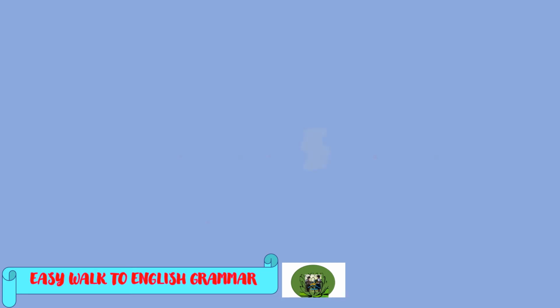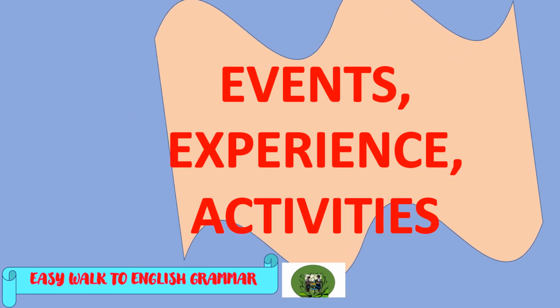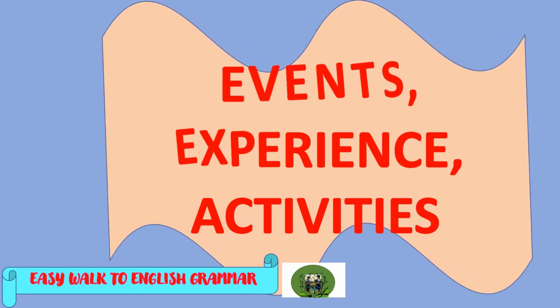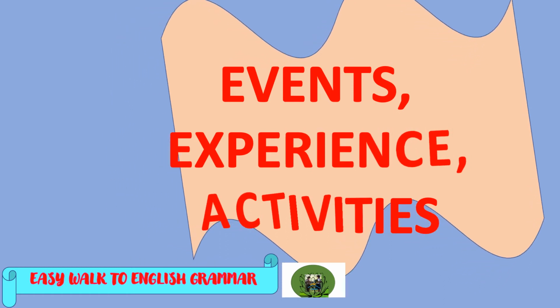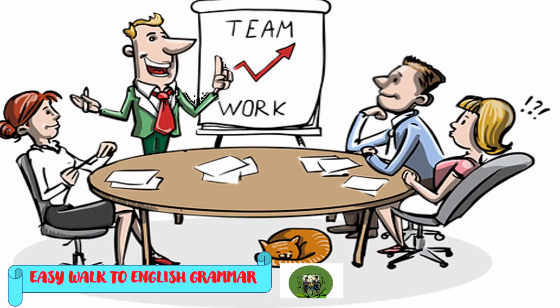Now we are going to deal with how have and its forms help us to show events, experience, and activities. Here you can see a group of persons and one person is speaking, and it's quite sure that they are in a meeting.